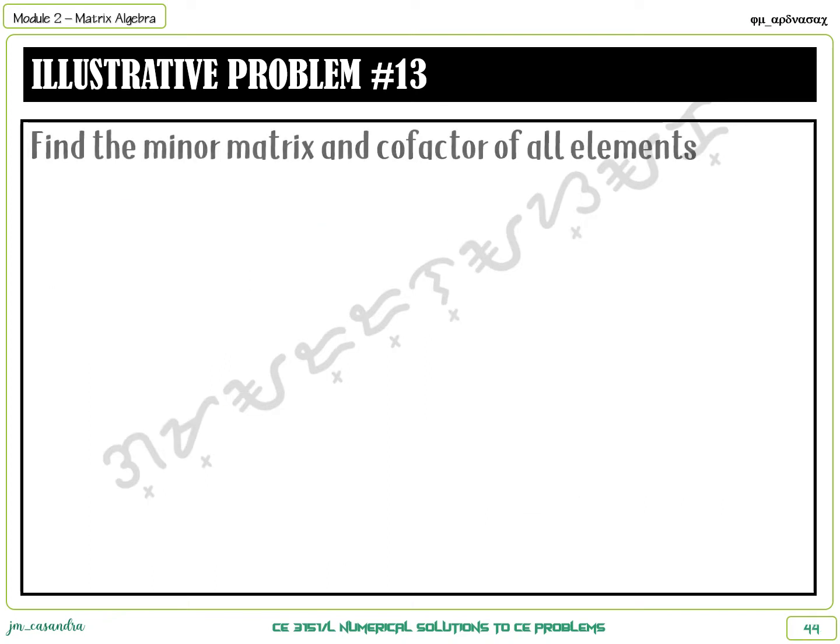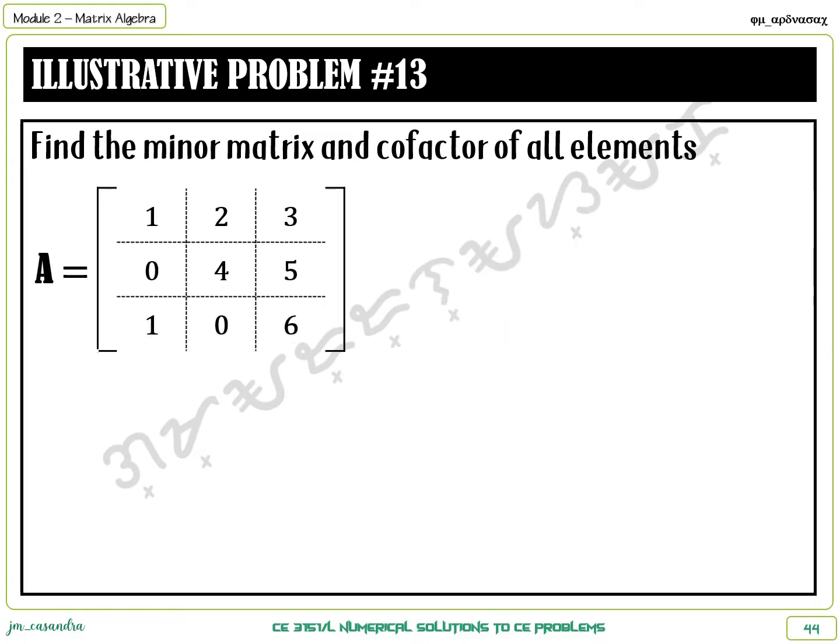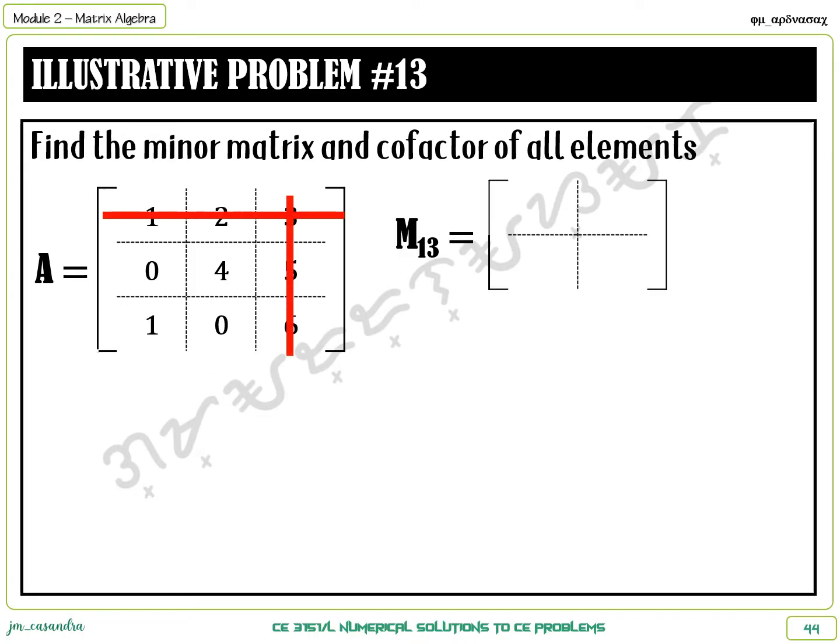So we continue with the next element for the problem. The third element is 1, 3. So we remove row 1 and column 3. The remaining is 0, 4, 1, 0. For the equivalent value of your cofactor for the element 1, 3, that will now be equivalent to negative 1 raised to 1 plus 3, which is 4.